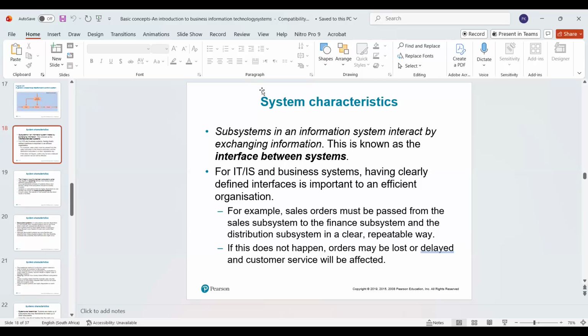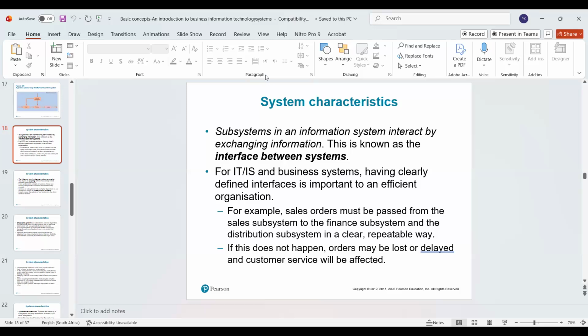All right, and this is known as what? The interface between the systems. So the interface is the exchange of something, and here the exchange is what? Information. As we explained earlier, the interface between the university and the environment is the boundary, which is the exchange of something between the environment and the system, right?